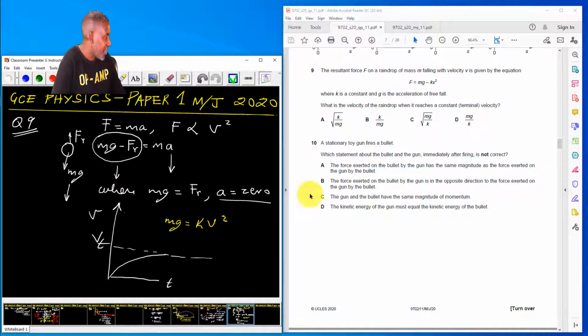That is because the resultant force has become 0. So we want to make velocity to be the subject. Velocity is going to be equal to mg over k, everything square root, and our correct answer is C.